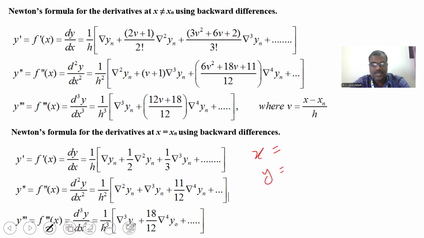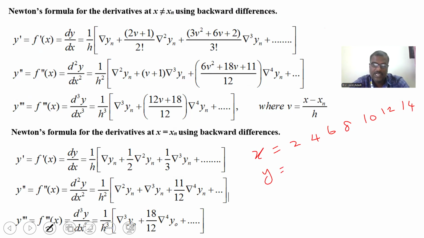Suppose I have seven x values: 2, 4, 6, 8, 10, 12, and 14. So it is equally spaced, and the length of the interval is 2. So we may use Newton's forward and backward interpolation formula for this problem.